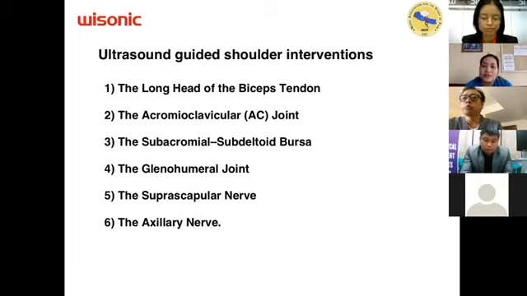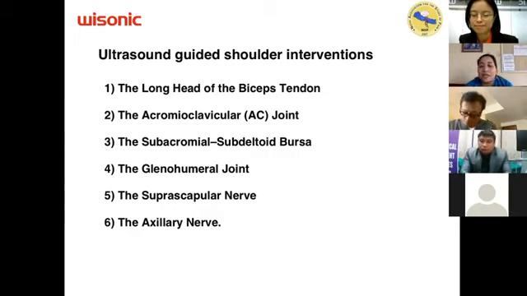The shoulder joint has a lot of pain generators. So it's not possible to scan all the structures all the time in your busy clinical practice, and if you see even any small pathology, you should not jump into doing shoulder interventions. We determine the pain diagnosis based on the patient's clinical history and clinical examination.